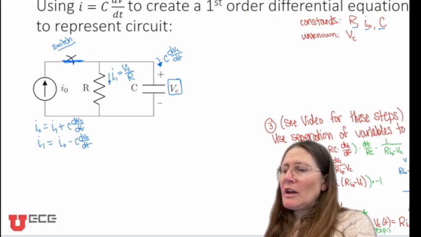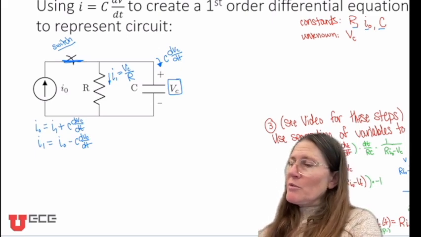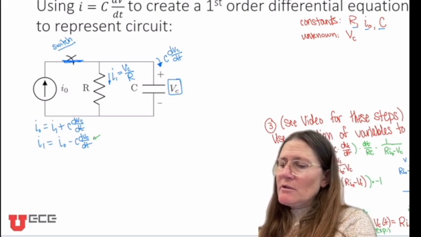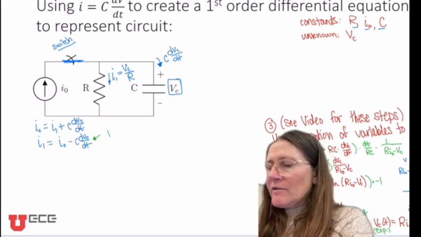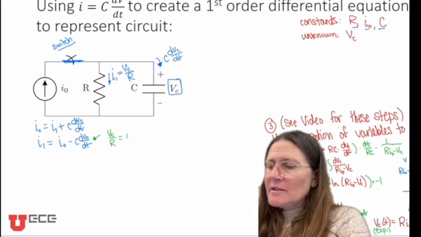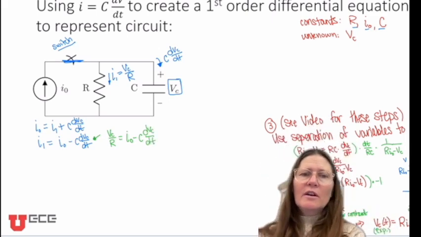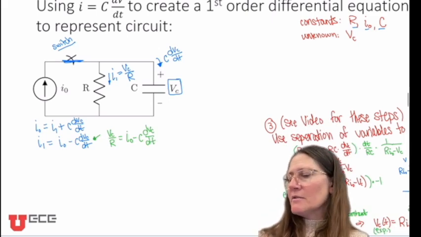So we can also rewrite this current summation as VC over R, since we're trying to find VC, is equal to I naught minus C dVC/dt. So now we have just the one unknown variable VC in it.